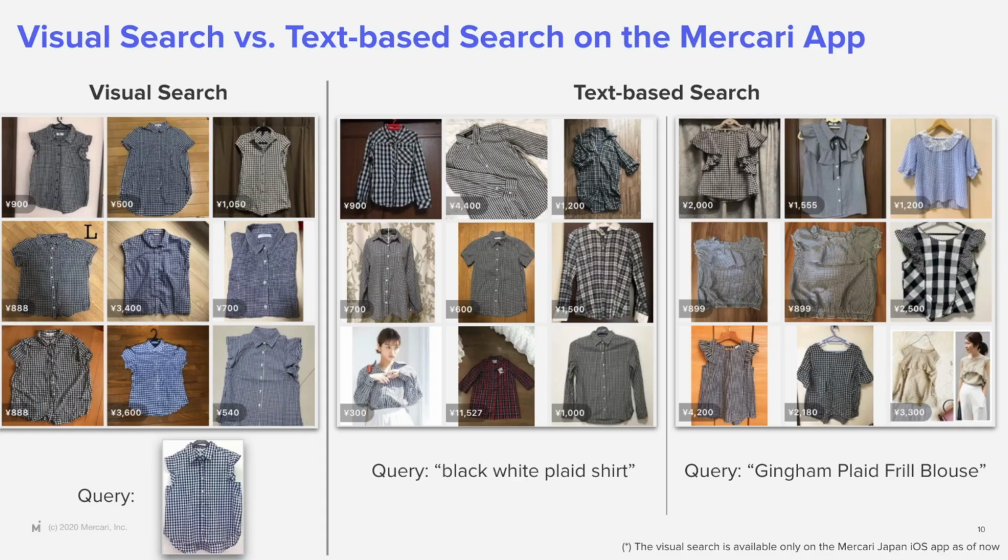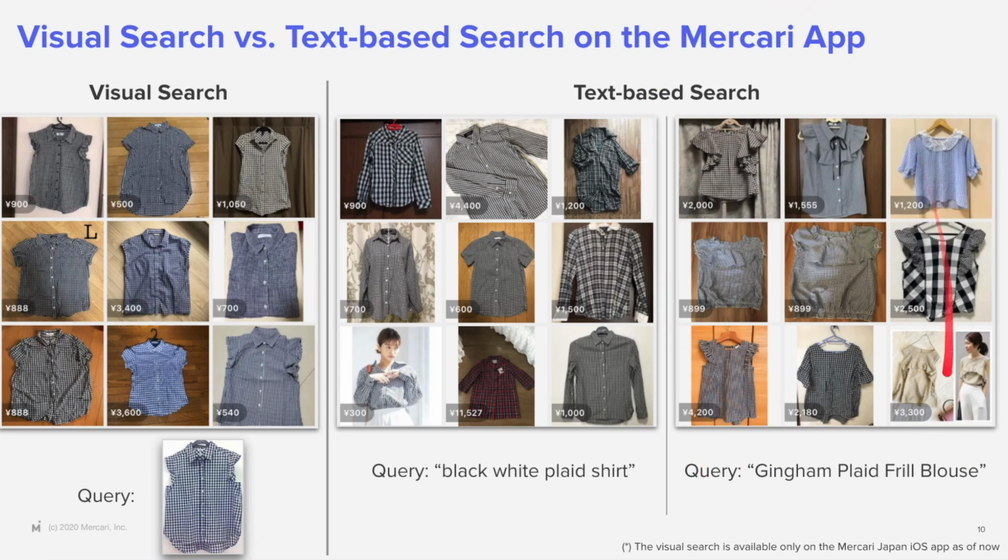When we look for clothes like this, we may query with such terms: black, white, plaid shirt. The results look visually similar, but the sleeve length is different and no frills, so these are not what we want. Then we may change the search terms to gingham, plaid, frill, blouse.